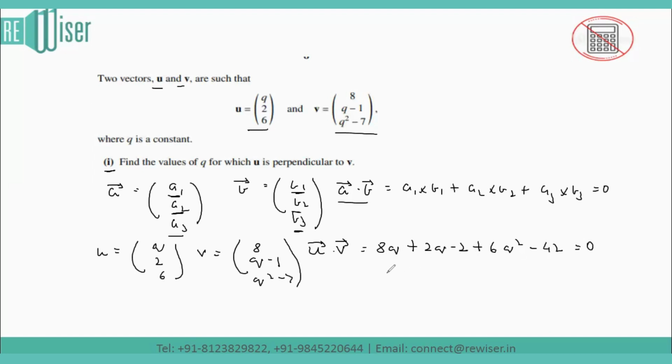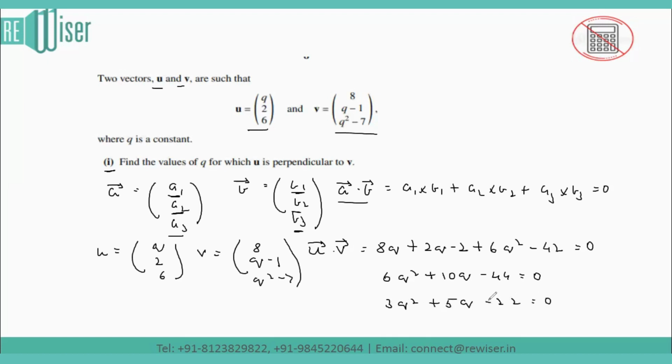Solving this, I get 6q square plus 10q minus 44 equal to 0. Taking 2 common, I get 3q square plus 5q minus 22 equal to 0.